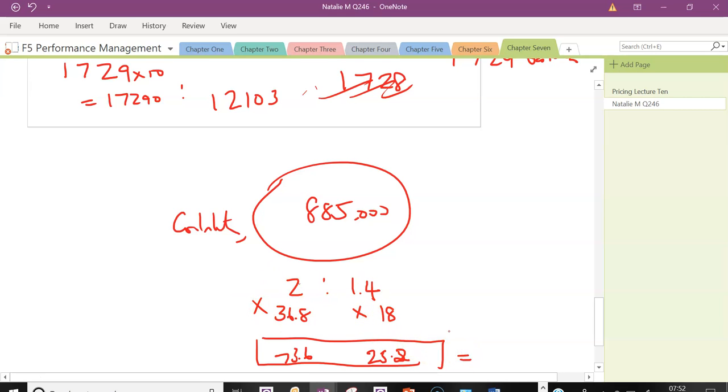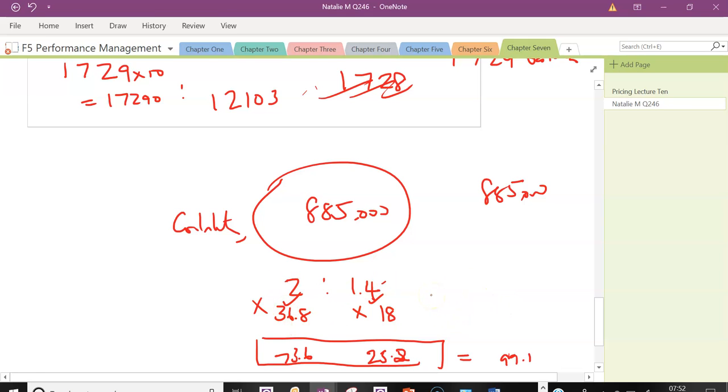So every time I sell a batch, I get 73.6 plus 25.2, which gives me 99.1. So I'm trying to hit 885. The question is, how many batches of this combination do I need to sell? I know that in every batch I have 2 full marathons and 1.4 half marathons. However many batches I get in the end, I just multiply by the individuals, because that's what they really want.